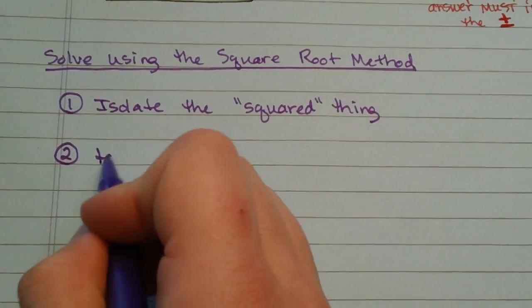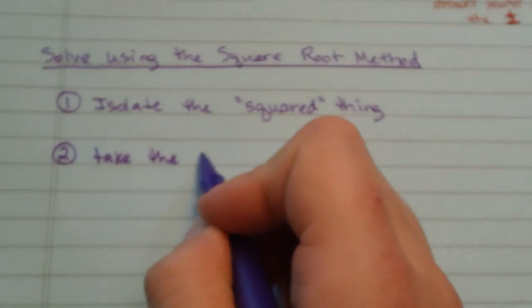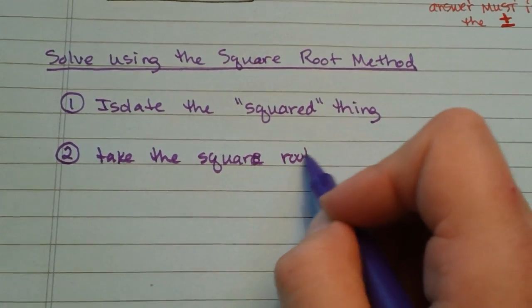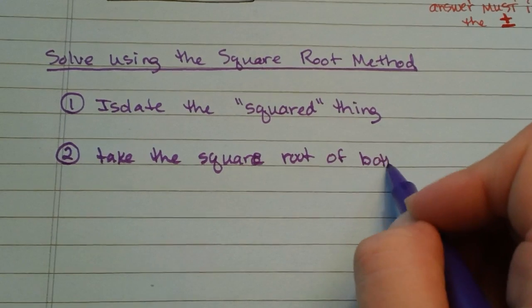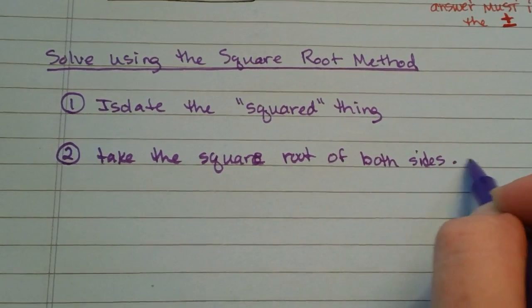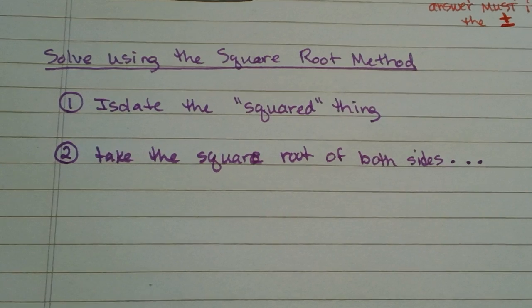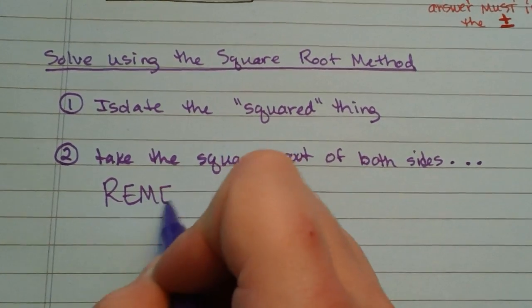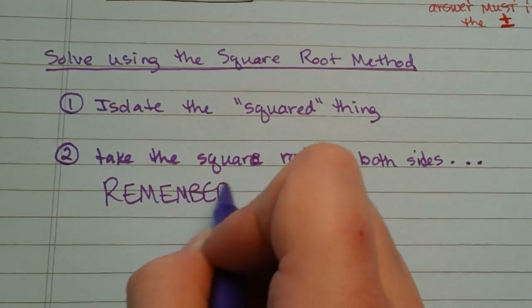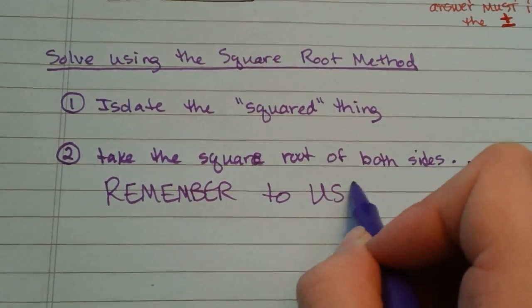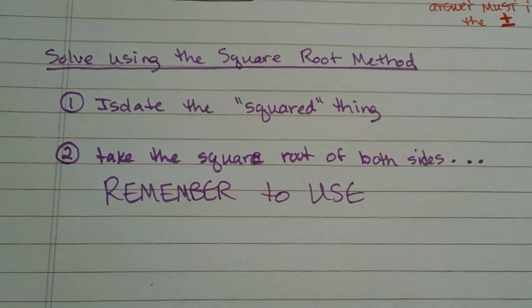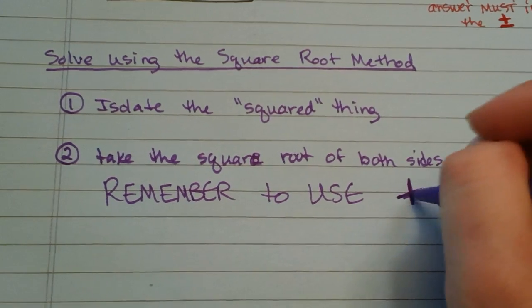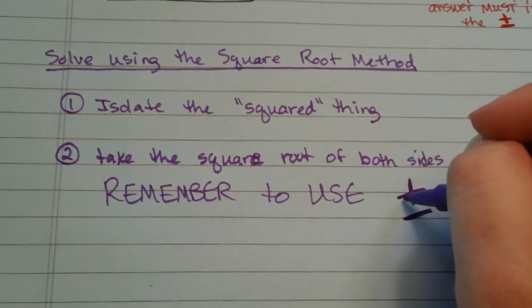The second thing you're going to do is take the square root of both sides of the equation. And I want you to write this really big because I don't want you to forget. When you take the square root of both sides, the symbol we have to remember to use is the plus and minus symbol in front of that number.